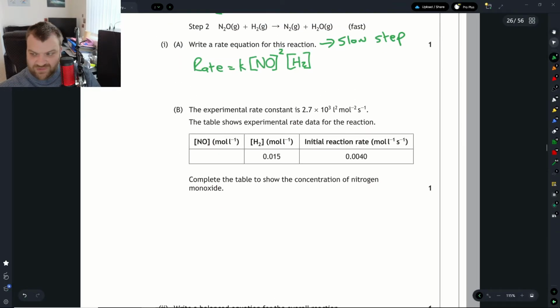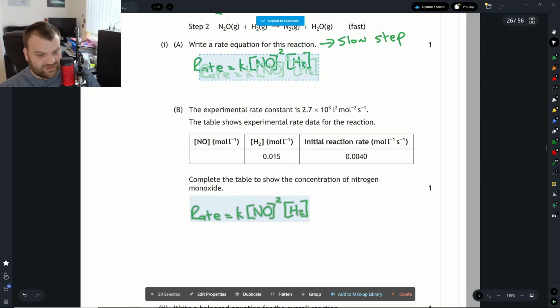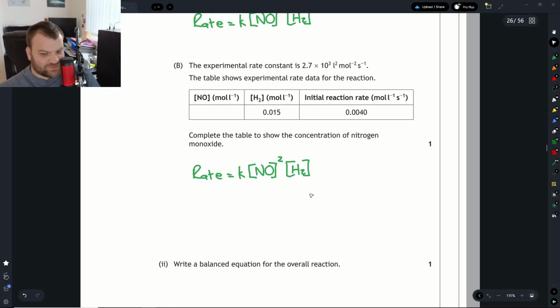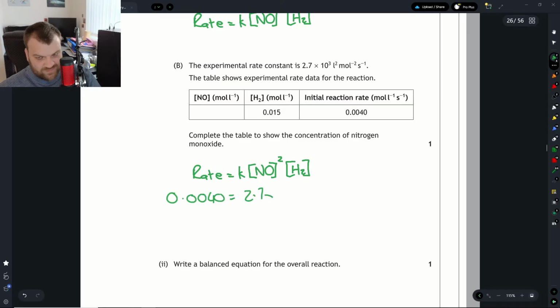So now the question wants us to use that information we've got to calculate the concentration of the nitrogen monoxide in this particular experiment. We are told that the rate is 0.004. K is told to us as well, 2.7 times 10 to the power of 3. Then we don't know our concentration of nitrogen monoxide, but we do know that that is times 0.015.